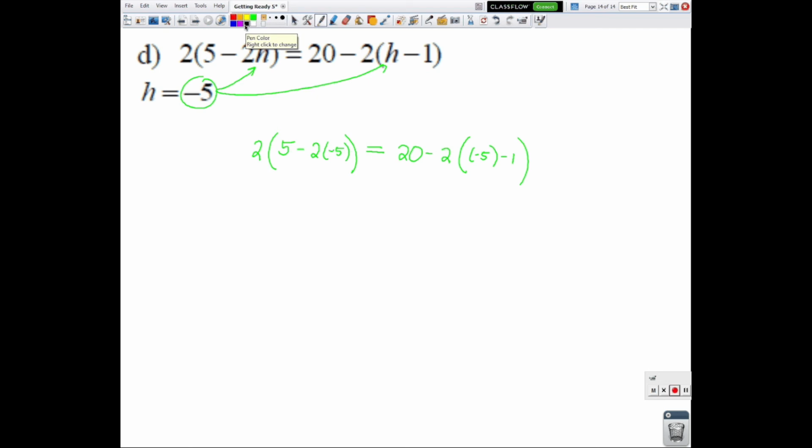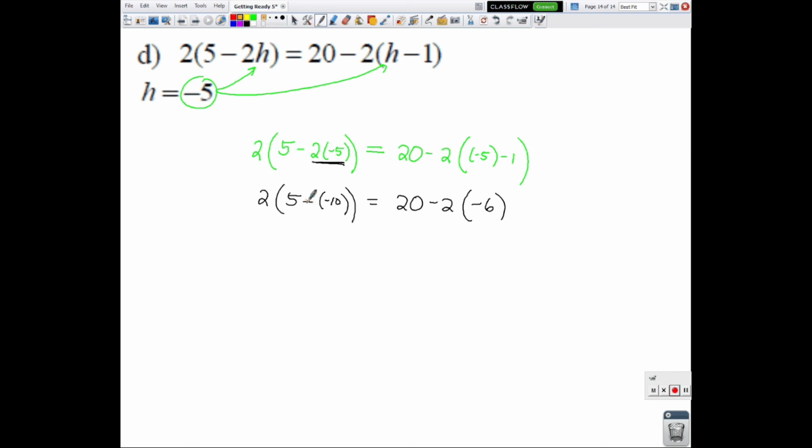So working from the inside out in these parentheses, 2 times -5 is -10. So 2 times 5 minus -10 equals 20 minus 2 times -5 minus 1, which is -6.